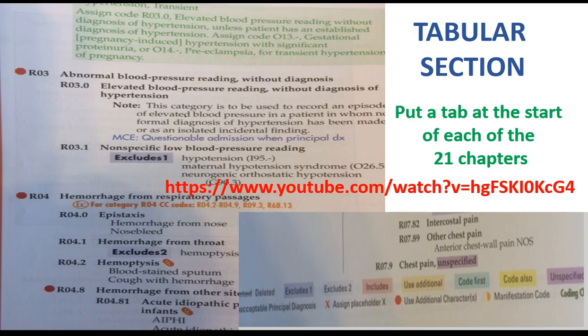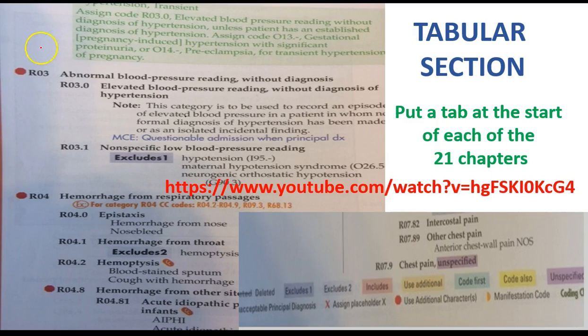So now that you've found R03.0 in your tabular index, let's see if there are any additional characters and verify that the diagnosis meets our coding scenario in our documentation. Sometimes you have to have another code in order to meet the entire scenario.